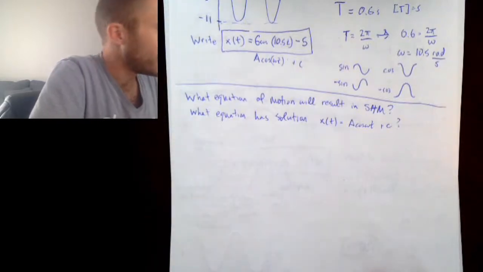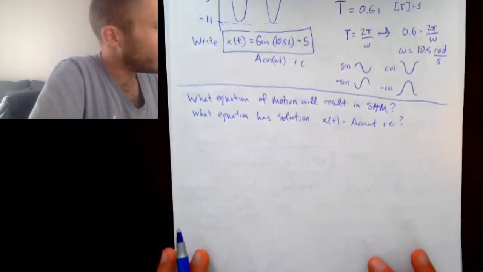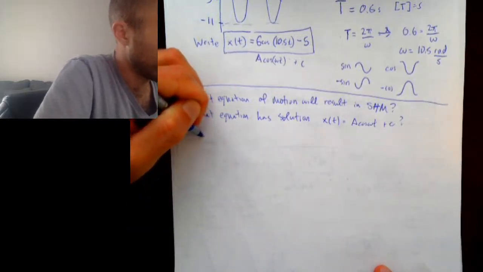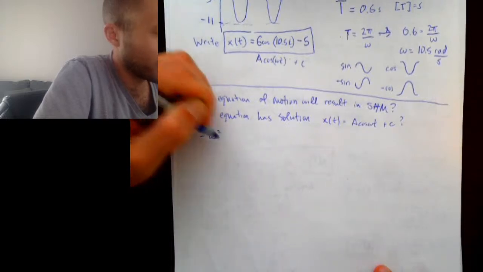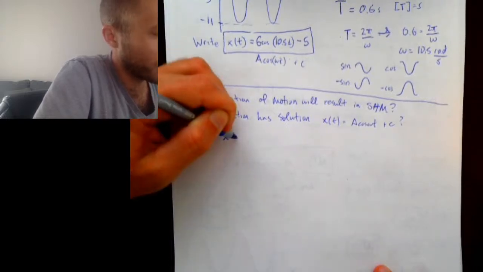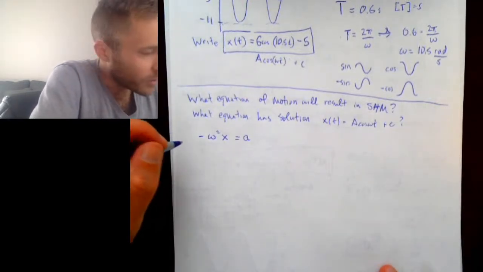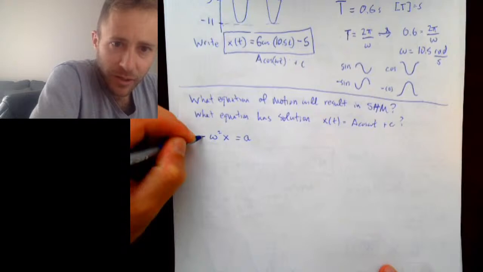I'm going to give you the answer. The equation that will result in simple harmonic motion is minus omega squared x equals a. This minus sign is really important.